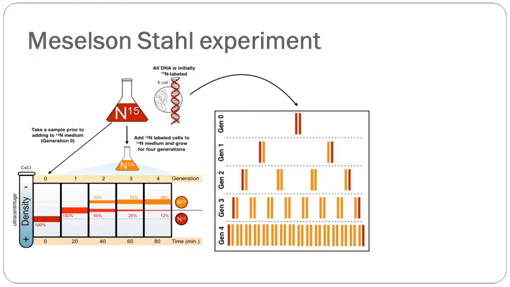After many generations of N15 being provided, all the E. coli DNA had N15. You can see over here the red color is representing the N15 DNA. So all the E. coli DNA molecules were labeled with N15, the heavy nitrogen.